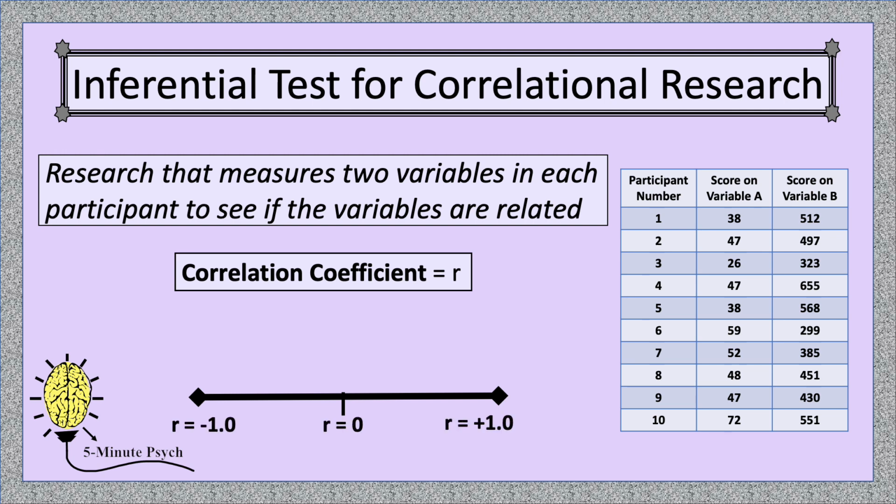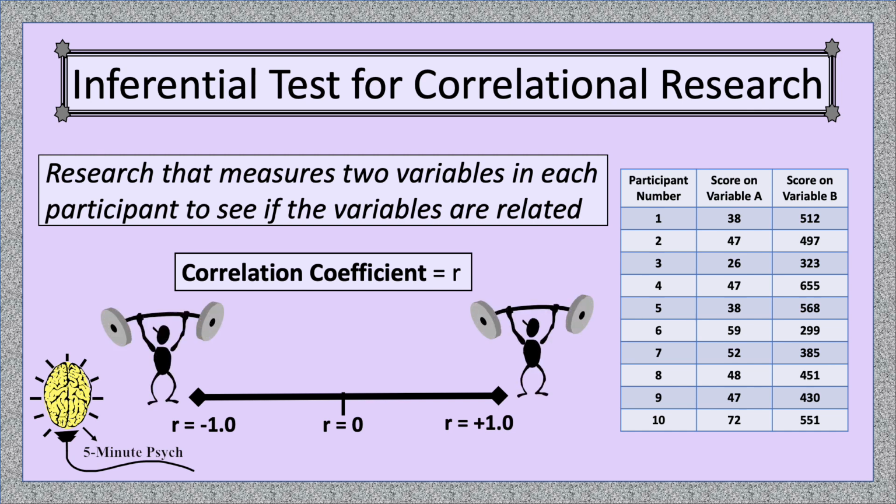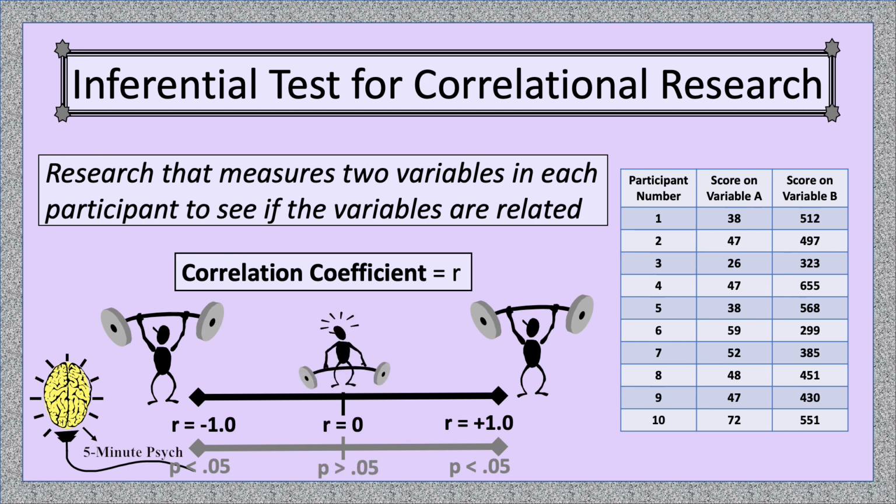The closer it is to plus or minus 1, or the farther it is from 0, the more strongly your two variables are related to each other, and the more likely that p will be less than 0.05. But if you calculate your correlation coefficient and it's close to 0, that means that your two variables are pretty much independent and p will be greater than 0.05.